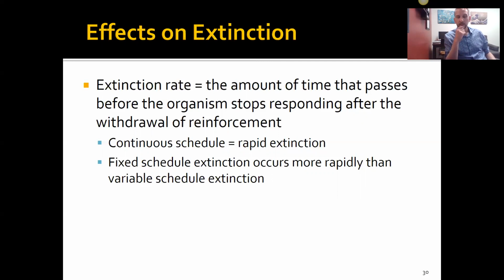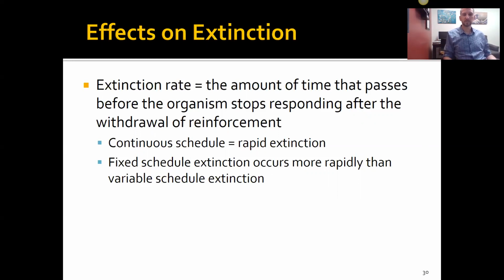Well, if you want something to extinguish quickly, it's going to happen quickest if you had a continuous schedule. If every single time we're reinforcing a behavior and then you suddenly stop, the person or the animal is going to figure out very quickly, oh, I'm not getting reinforced, I'm going to stop behaving this way.